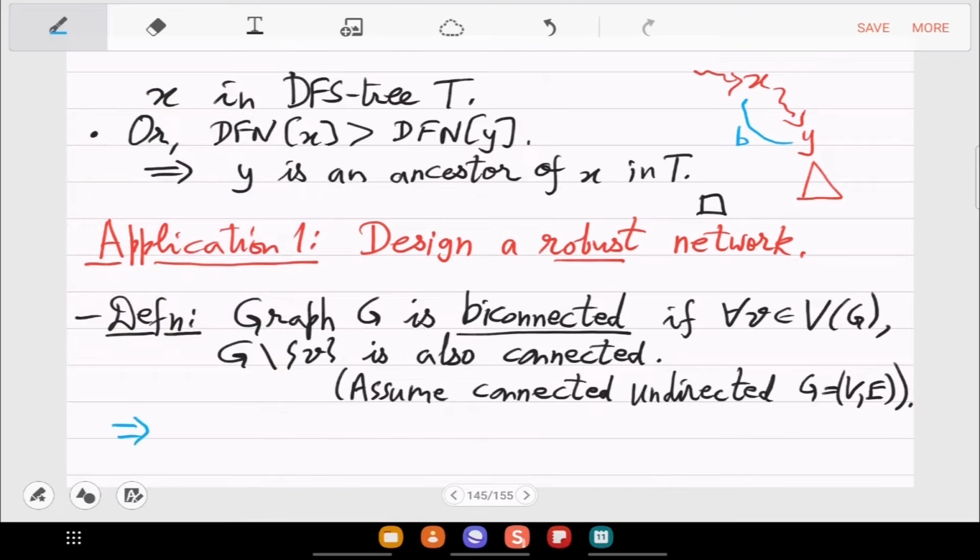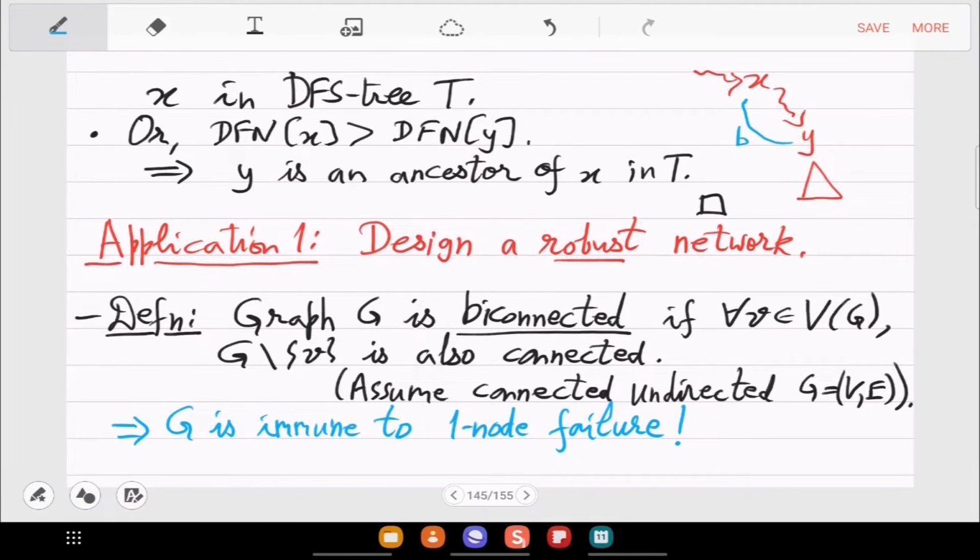This means that G is immune to single node failure. Okay, so single nodes can fail, it will not matter. The rest of the vertices will still be connected.